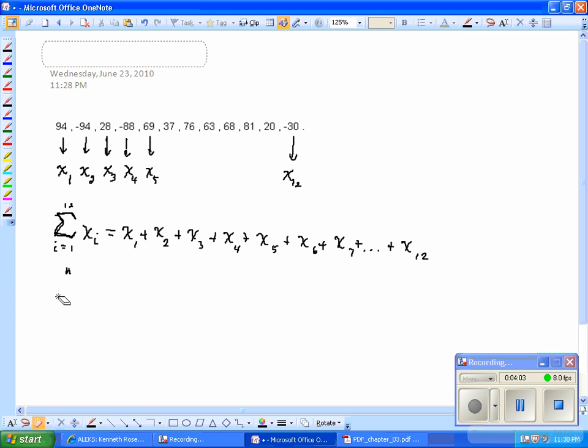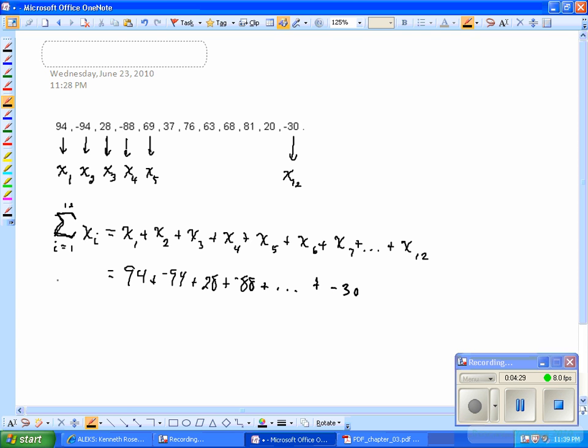So what does this mean? Well, x1 is 94, so this actually means 94 plus negative 94, that's x2, plus 28, plus negative 88, plus dot, dot, dot, dot, all the way up to negative 30. So we're going to add up all these values, and that will be equal to this.